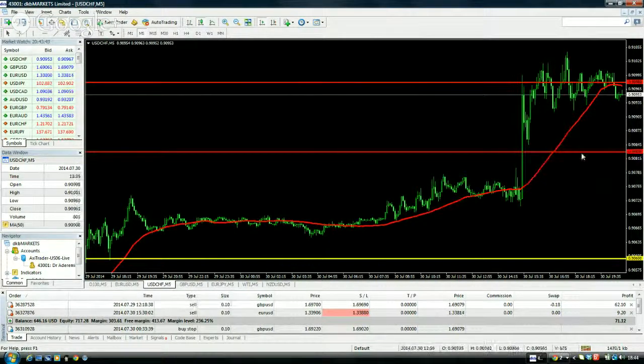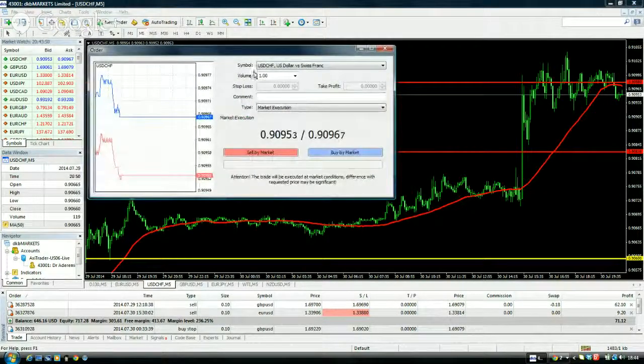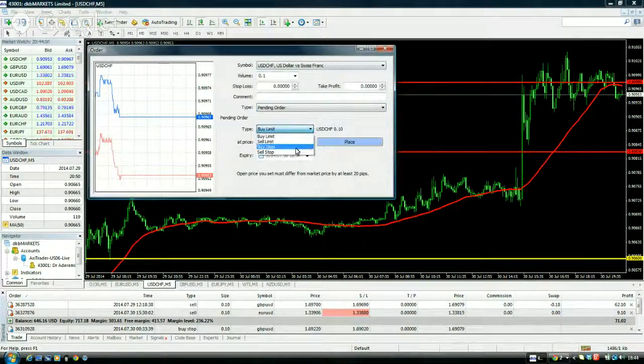Then for the dollar Swiss franc, you can see the market is now trending sideways around the second resistance. So I'm going to put a pending sell order just below the first resistance because that's now acting as a support. So that's 0.9082, just below the market support.